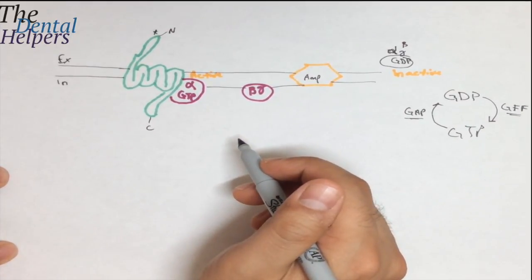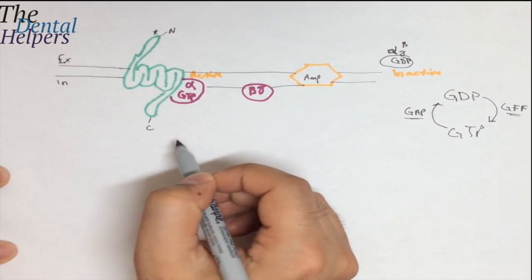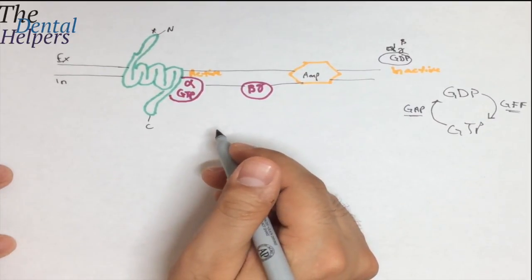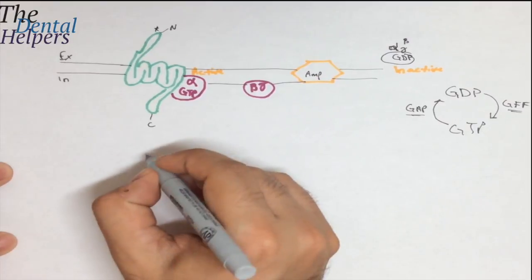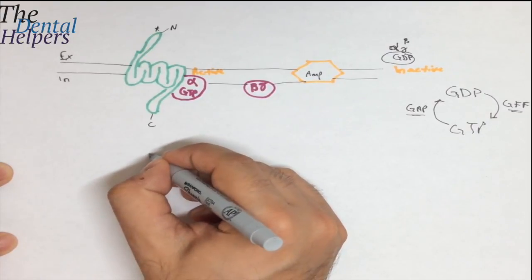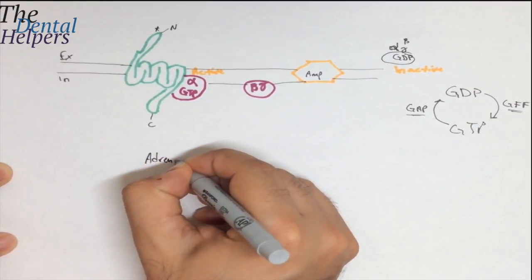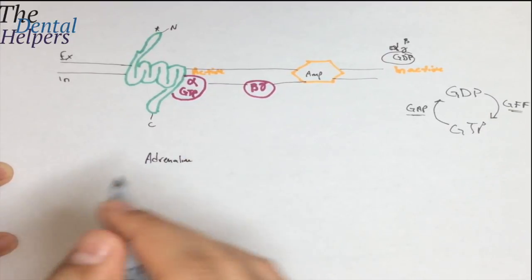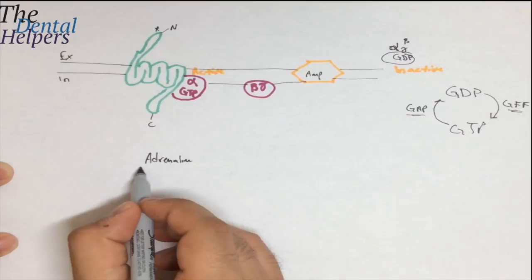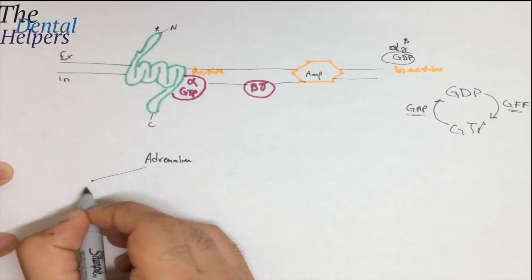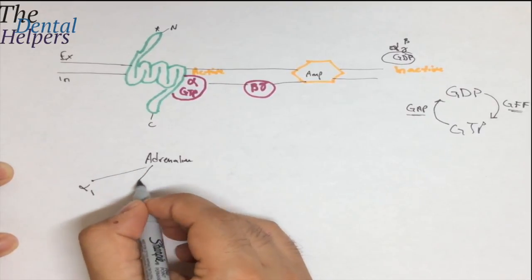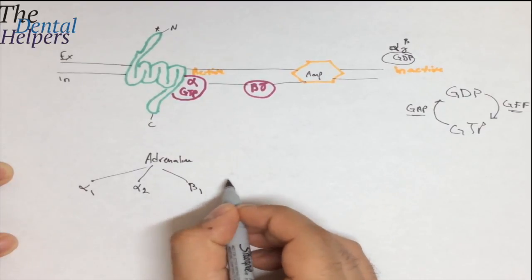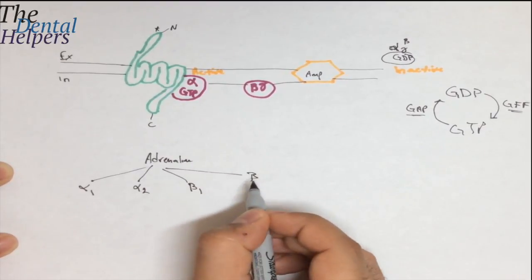And what we know so far is that we have different subunits that basically can come about. So if we're looking at adrenaline, for instance, it goes under the adrenergic pathway. And we have the alpha-1, alpha-2, beta-1, and beta-2.